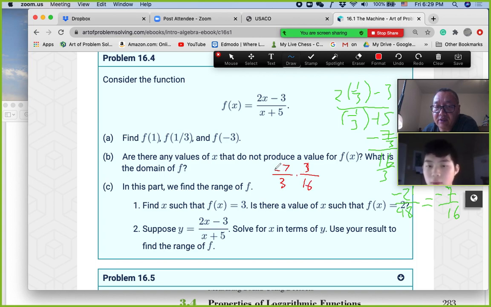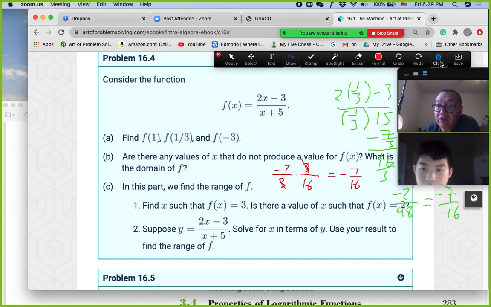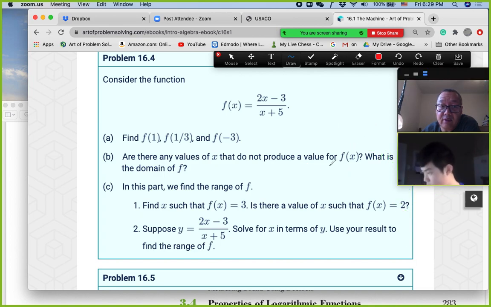Negative 7 over 3 times 3 over 16: change division to multiplication, then cancel out the common factor. Then you get negative 7 over 16. Don't multiply together, or the numbers get bigger and bigger and harder to deal with. Right. Okay, very good. Now let's go to B.